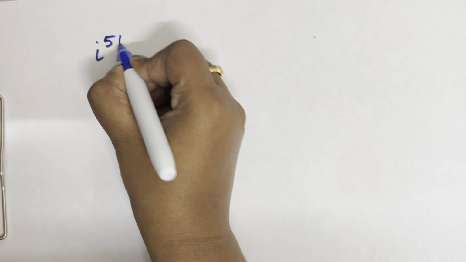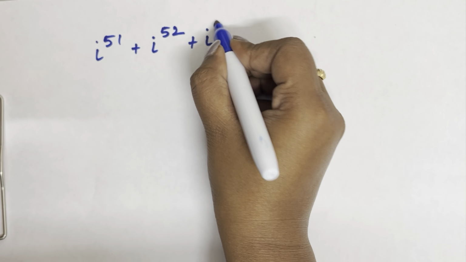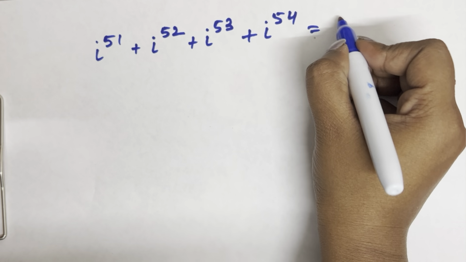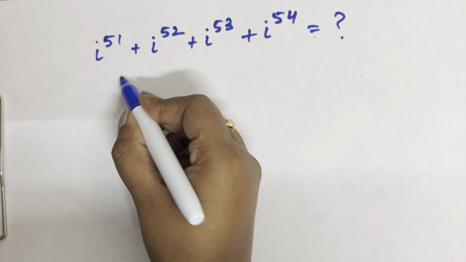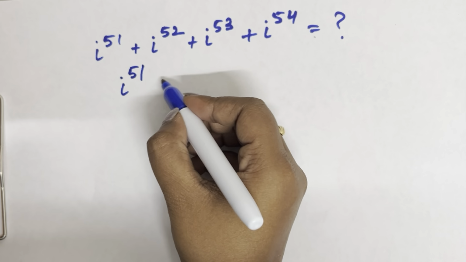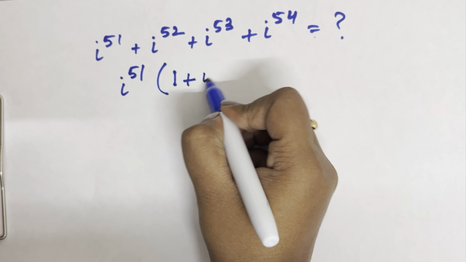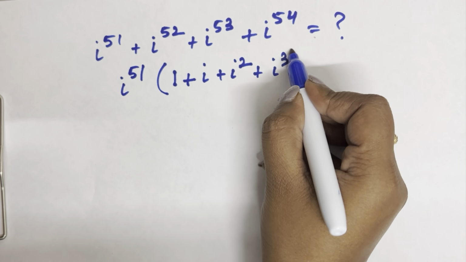Now let's understand how the sum of 4 consecutive powers of iota equals 0. So here we have iota to the power 51 plus iota to the power 52 plus iota to the power 53 plus iota to the power 54 equals what? Here out of these 4 terms we can take iota to the power 51 as common. So here we will be left with 1, here iota square, and here iota cube.